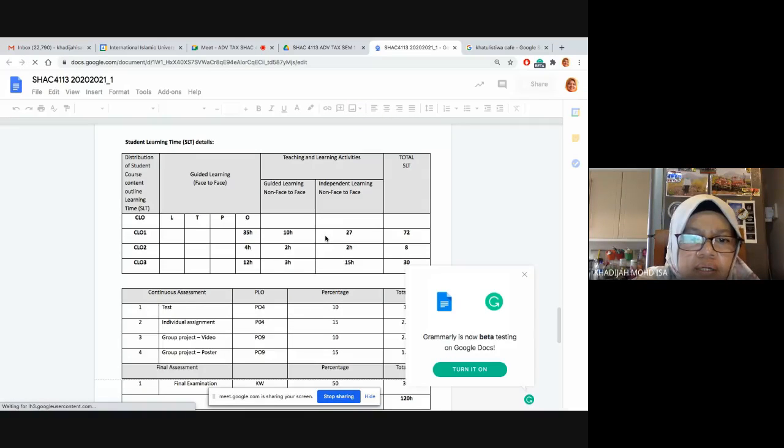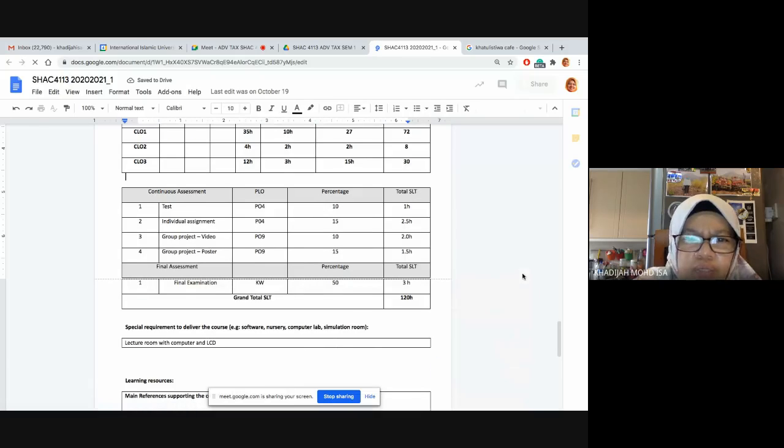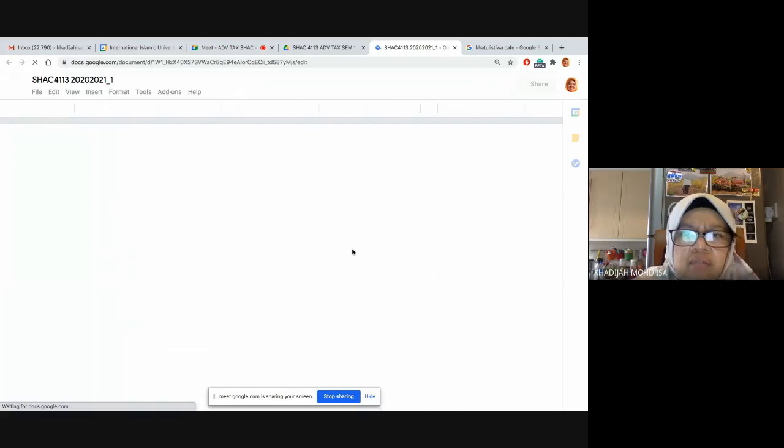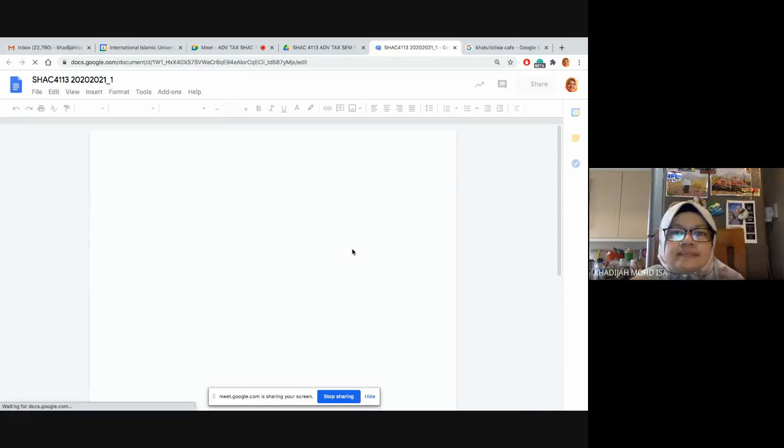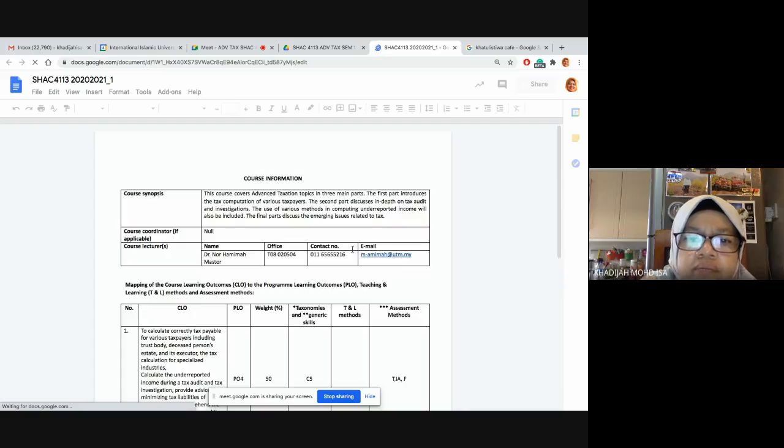Okay, okay, you say that here you have test is 10% only, and then you have individual assignment, and then you have a group project. Alamak, hilang ah. Lambatnya.